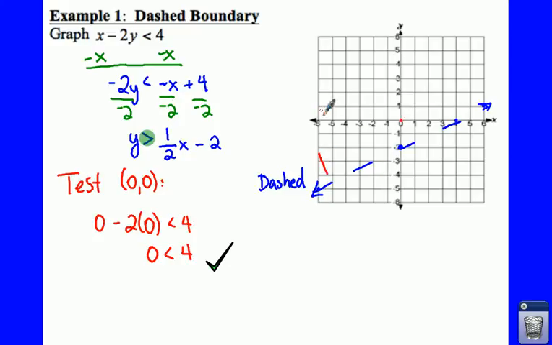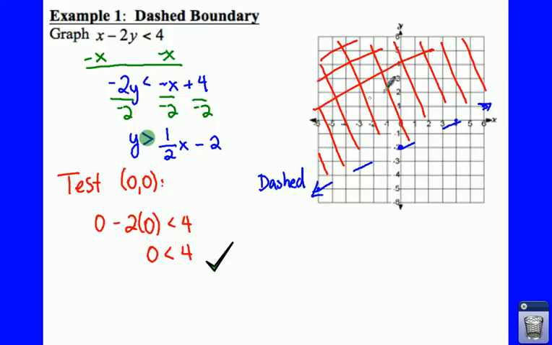So I'm going to just use some lines here. I'm not going to shade it too much. This is just a little bit of shading. You can draw your lines the other way too if you want. It's called cross-hatching. It's up to you. If you want to make your lines all nice and pretty, that's fine too. Everything up here in this shaded region is going to be part of your graph, everything above the dashed blue line.